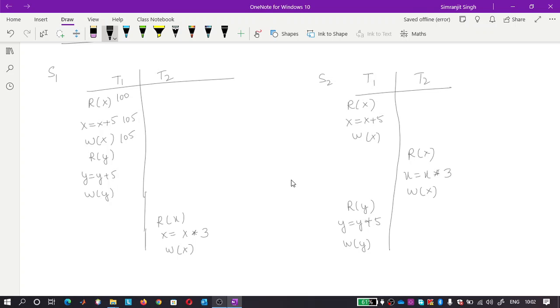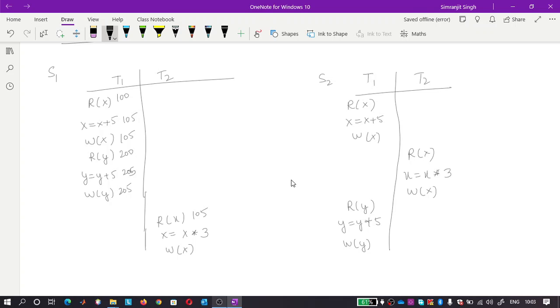Okay. Value of Y is 200. So I add 5 and get 205, and then we are writing the value 205. Okay. Similarly, when you read the value of X, it will be 105 because it was already written here.